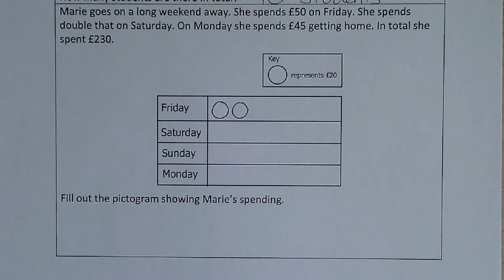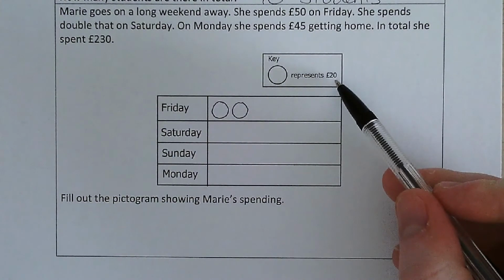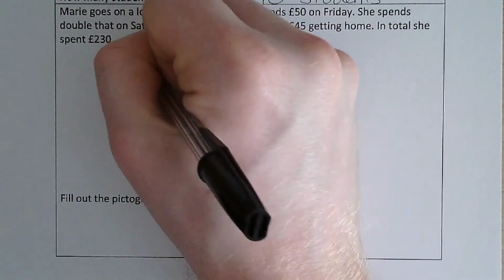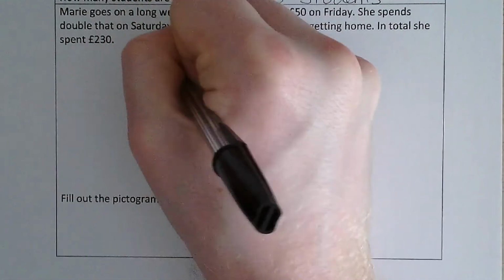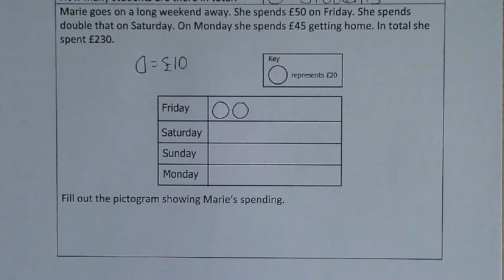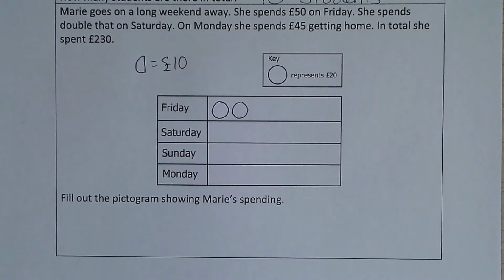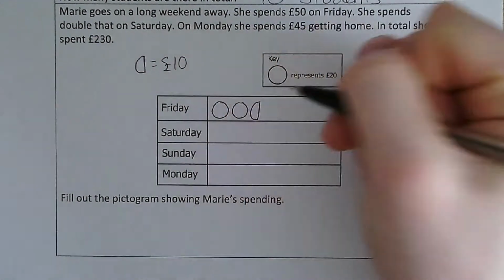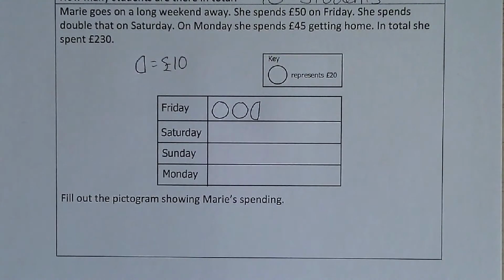Therefore, to get an extra £10, we're going to have to draw a half circle. This is because half of 20 is £10, so I will need to draw half of this image. I'm going to draw this at the top, just so I can remind myself if I need to use it later. So Friday we have 2.5 circles.